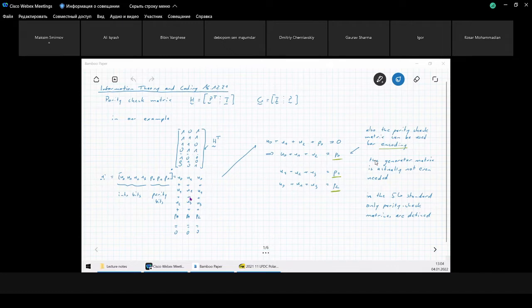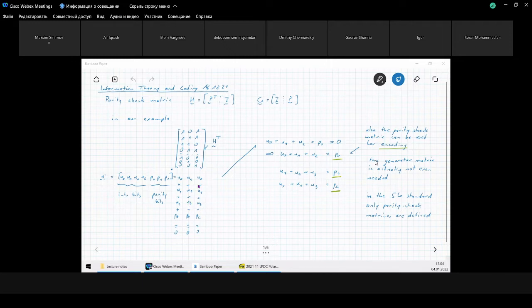You can imagine that these parity check equations will become a little bit more difficult if we don't have the identity matrix back here in the parity check matrix. We will actually see that the parity check matrices used in 5G are slightly different. For example, we would have another 1 here and a 1 here. But then we will see that we can sequentially calculate the parity bits, starting from the lowest one, which then will also appear in the next parity check equation, but it is known from the step before.